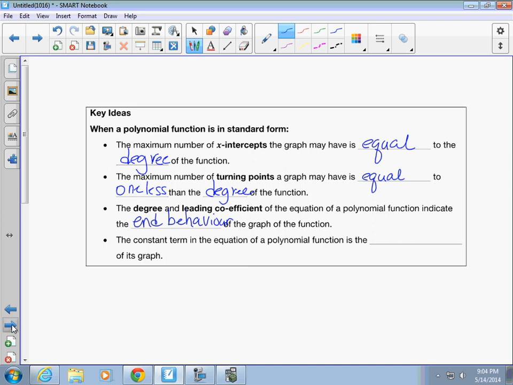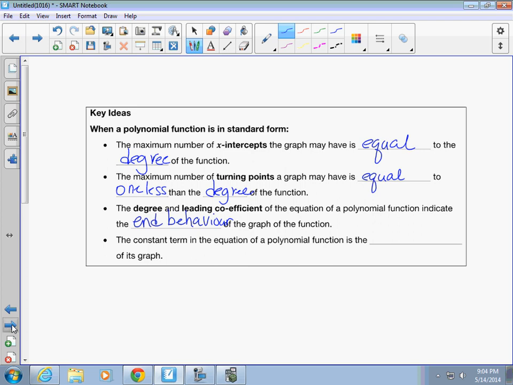So it'll start at quadrant 2 and end in quadrant 1. If the leading coefficient was negative for a quadratic, so degree of 2, then it would be going down, so then I would be starting in quadrant 3, ending in quadrant 4.